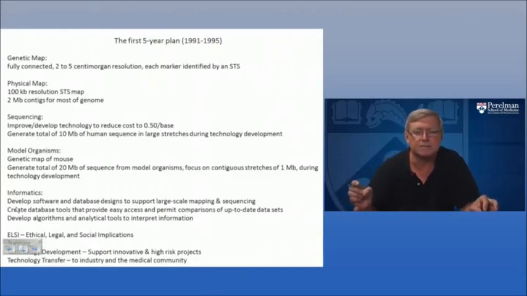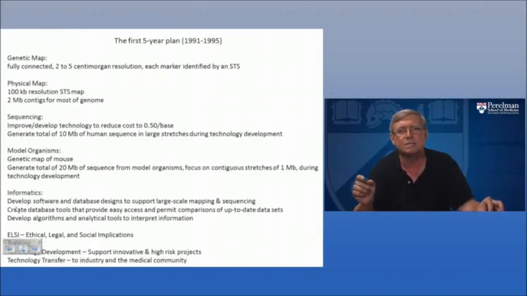So based on these early mapping technologies and the development of the bioinformatics and the marker systems, by about 1990 or 1991, the initial 5-year plan was set forth for the Human Genome Project, and it focused, as I mentioned before, on maps.